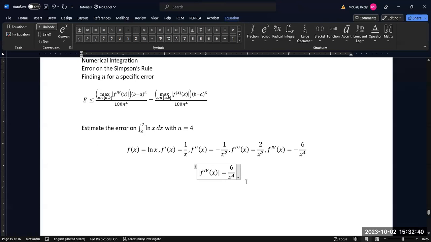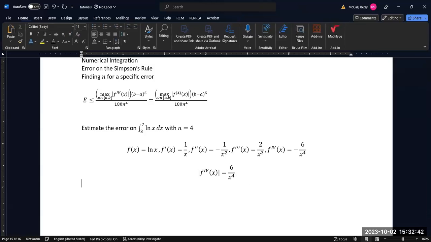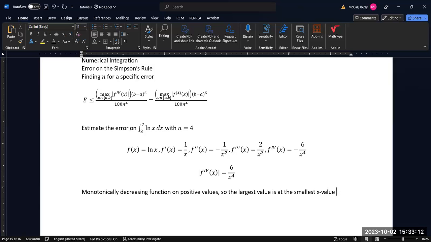And 1 over x to the fourth is a monotonically decreasing function on positive values. In negative values, it's increasing, but on positive values, it is decreasing. So the maximum value of the function is at the smallest x value in our interval.